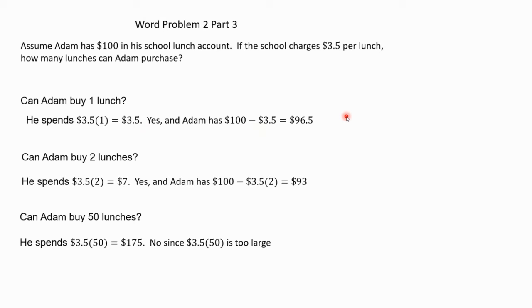Can Adam buy two lunches? Not two more lunches, two lunches. So $3.50, and he's buying two, and that would cost $7, multiplying. Well, can he afford that? Yeah, he has $100, so he would have left 100 minus 3.5 times 2, which is $93.